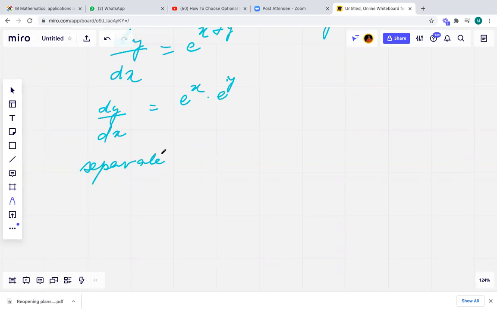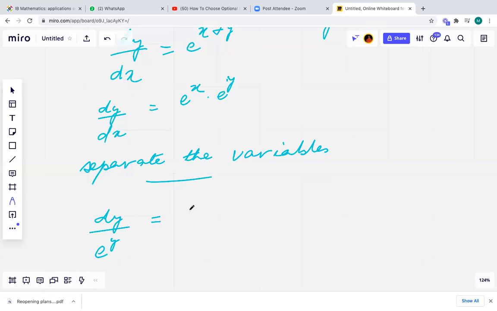Separate the variables. So what I do is, I will say dy upon e to the y is equal to e raised to x dx. I took e to the y down, and I took this dx on the other side.